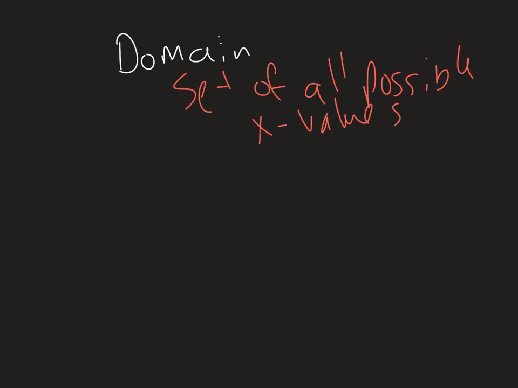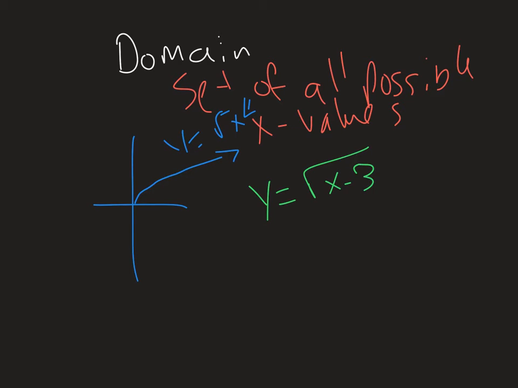So if we think about the graph of a square root function, it looks like half of a tilted parabola. Now, the big thing is that whatever is underneath the radical, so in this case x, has to be greater than or equal to 0. So what we can do is set whatever is underneath the radical equal to 0 and solve. So say we had y equals the square root of x minus 3.